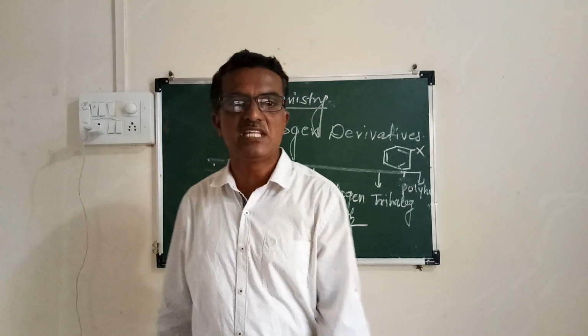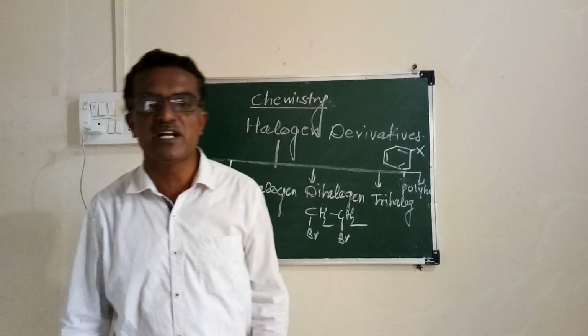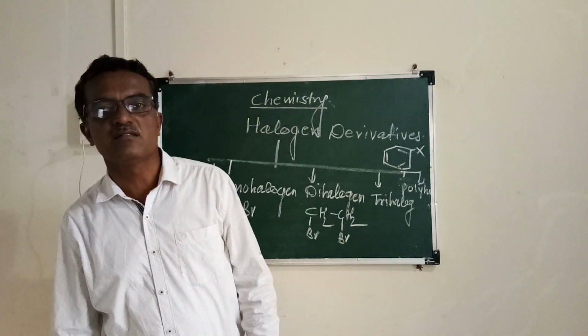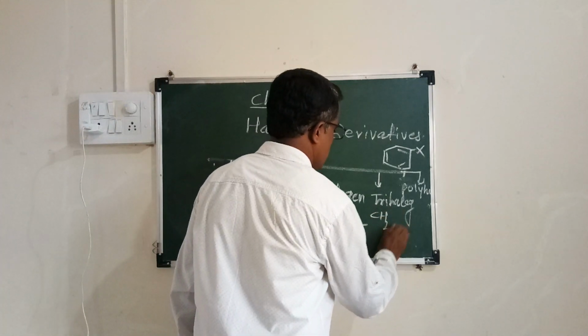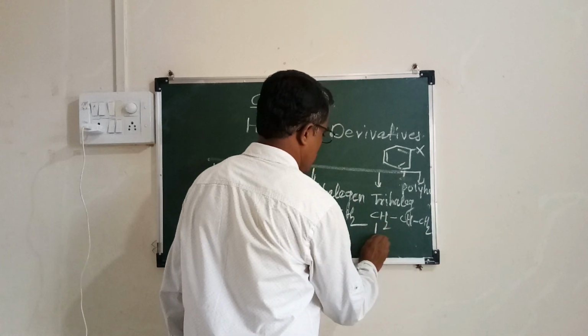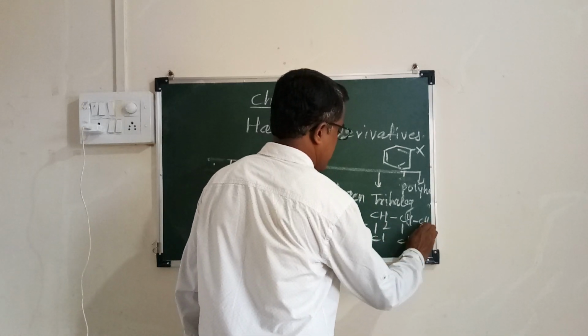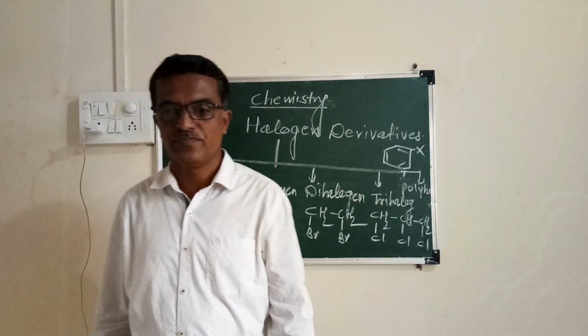Tri means three. When three hydrogen atoms from aliphatic or aromatic hydrocarbons are replaced by three halogen atoms, that resultant compound is known as a trihalogen. Example CH2X-CHX-CH2X, here chlorine or whatever it may be, X groups: 1,2,3-trichloropropane.